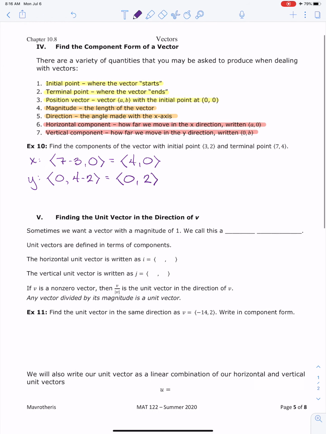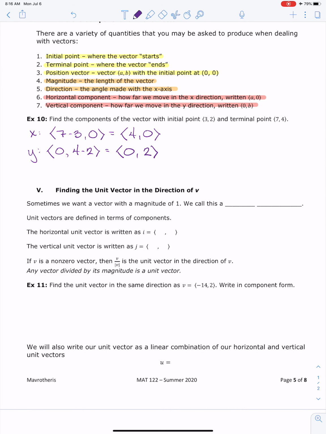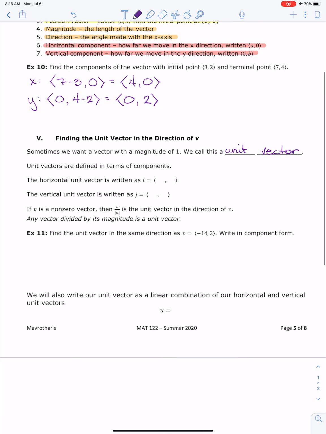Okay. Sometimes it's important to find a unit vector that's going the same direction as whatever vector we're talking about, v. So we want the magnitude to be 1. Anytime the magnitude or the length of the vector is 1, we call it a unit vector. Unit means 1 unit, 1. Okay, and we're going to define our unit vectors in terms of components.